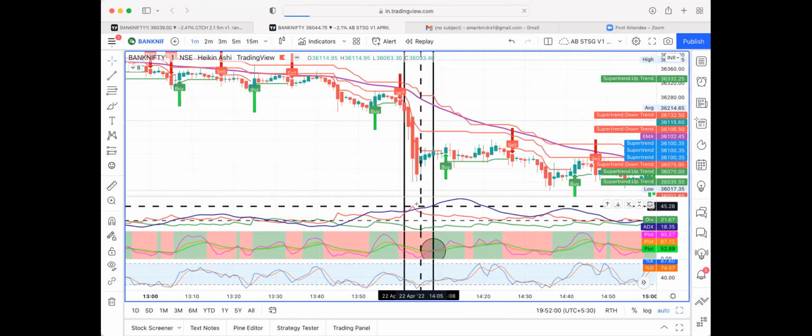So ideally, this will be the correct point of exit, because technically the first green is, but then you are losing some 30-40 points, because you're waiting for it to hit again and then crossover or whatever happens.